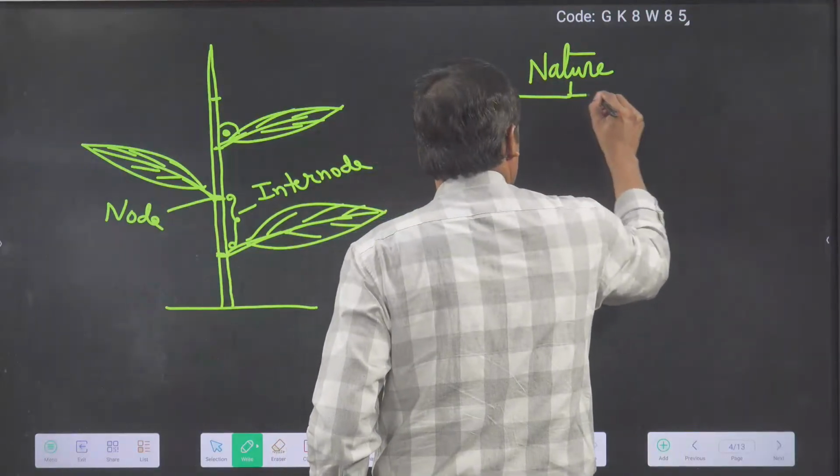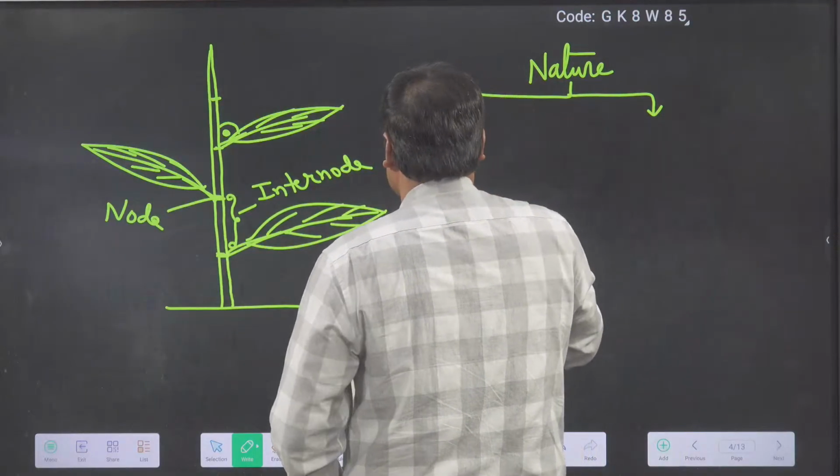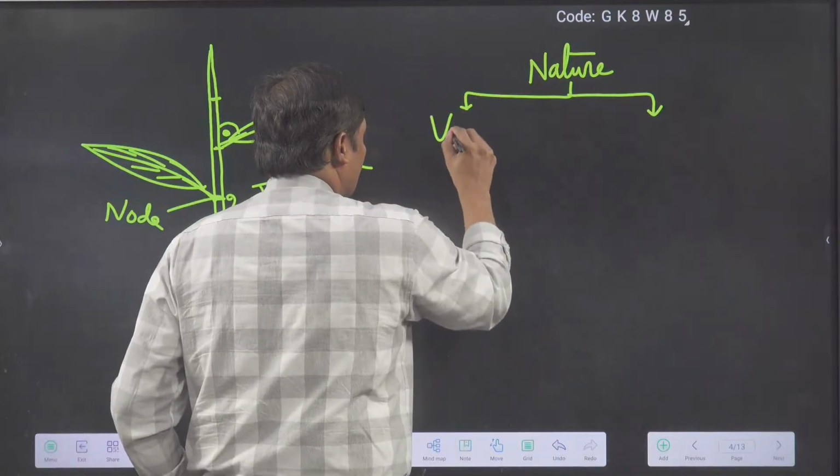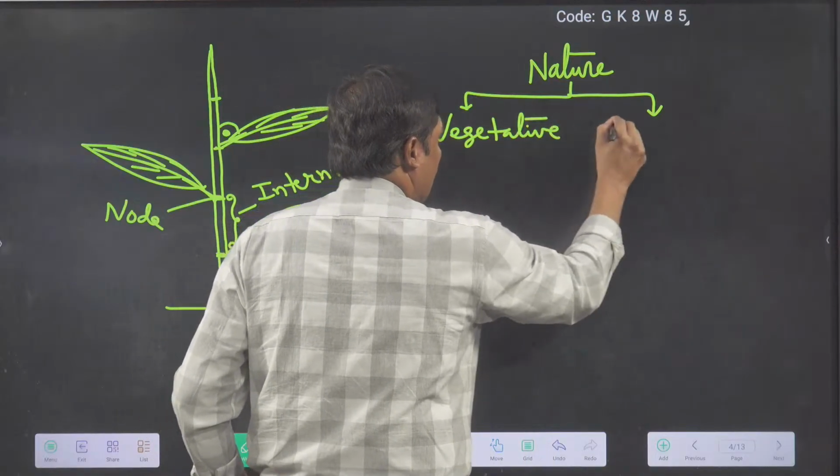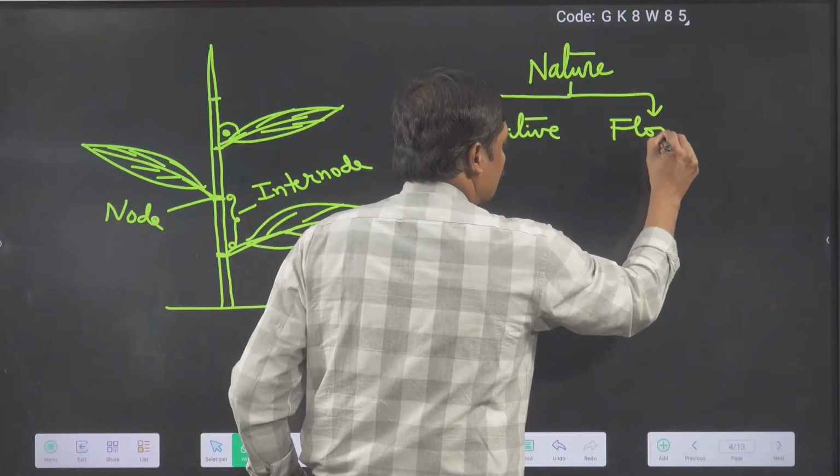Okay? Based on nature, the buds are divided into two types, namely vegetative buds and floral buds.